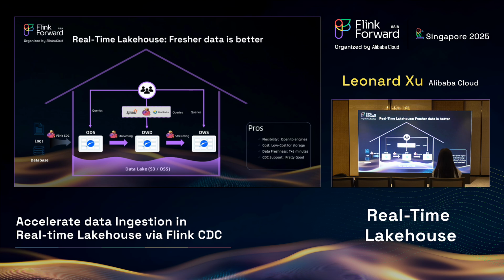So the end-to-end data latency can be improved from 1 hour to minutes. Another benefit is that we change the lake format from Iceberg to Paimon, and Paimon is very good at changelog processing, so we can obtain better CDC support.